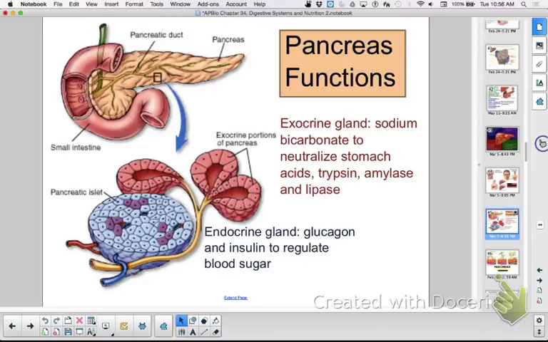As an endocrine gland, there are little pockets in the pancreas called islets of Langerhans. And those little mini islands inside the pancreas, there are alpha and beta cells in there. And the beta cells secrete insulin. You already know this. What does insulin do? It lowers blood sugar. Okay, and the alpha cells secrete glucagon, and glucagon raises blood sugar level.